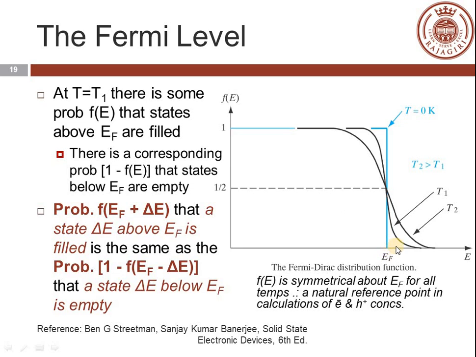Means some state above EF will be filled. The probability of that will be equal to some state below EF which won't be filled. So those two probabilities will be equal. And f of E is symmetrical about EF for all temperatures. Therefore, it is a natural reference point in calculation of electron and hole concentrations.